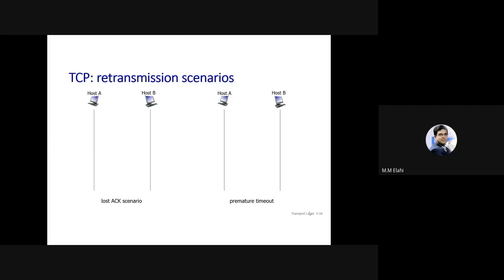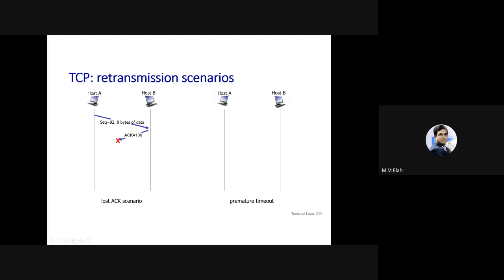In this case also, we will implement some similar cases. First one, the lost acknowledgement scenario. Now there is no segment 1, packet 1 concept. There is always the sequence number and acknowledgement number concept.